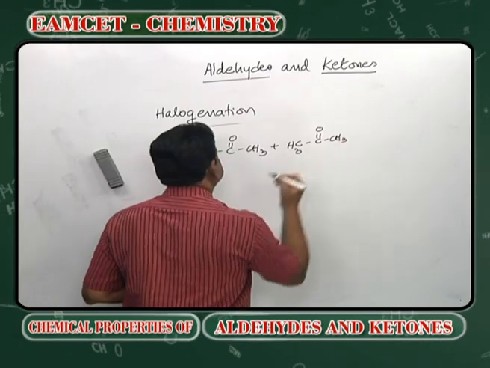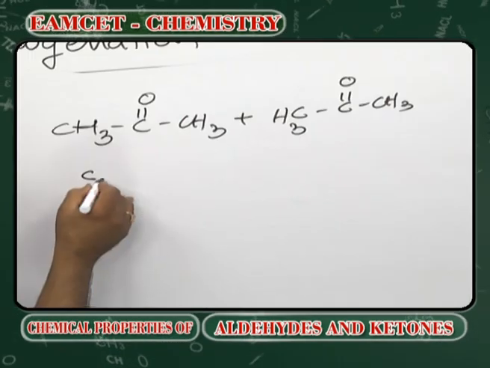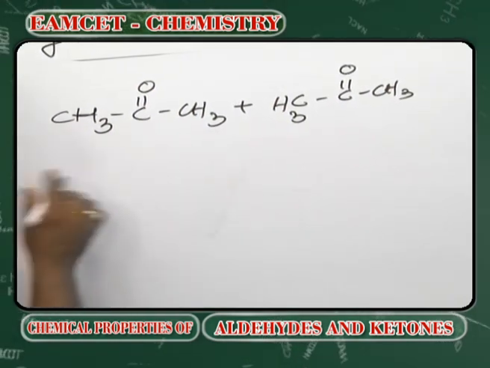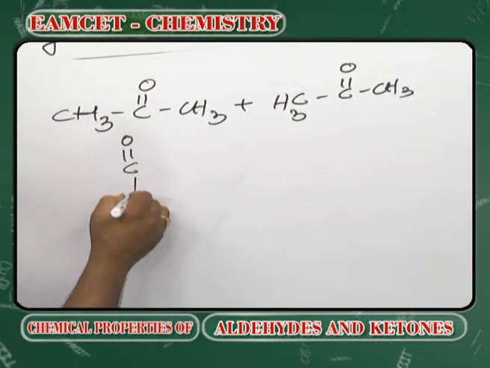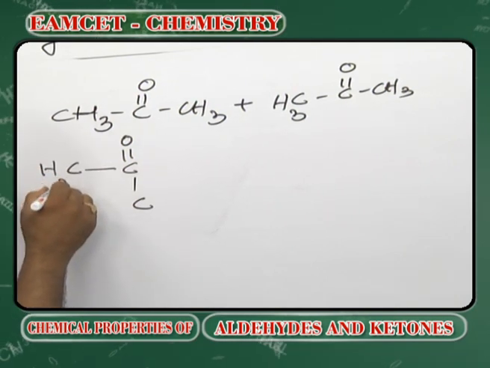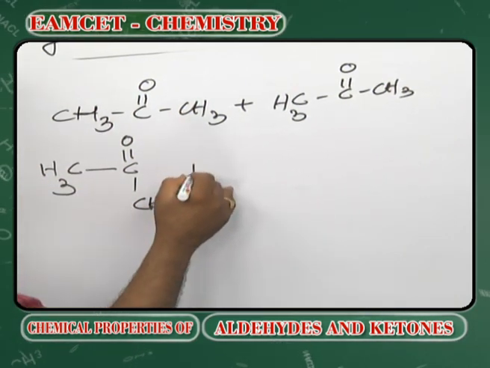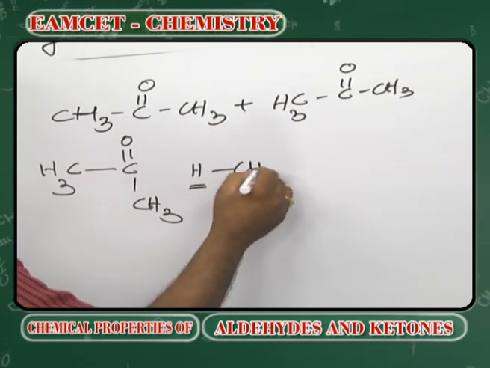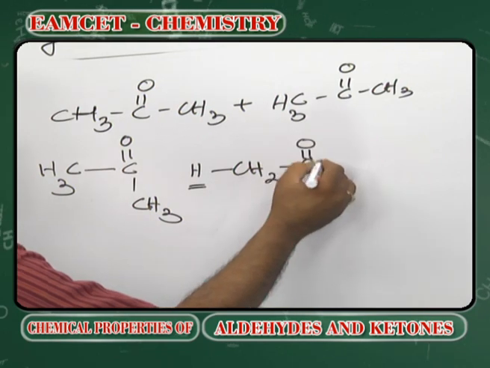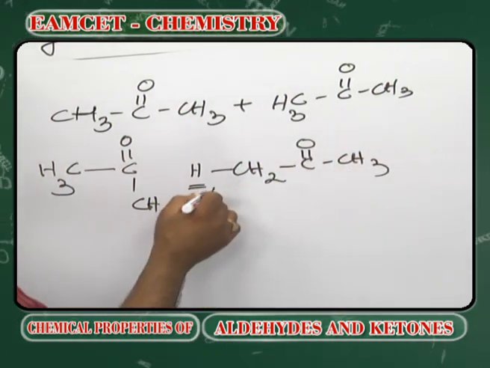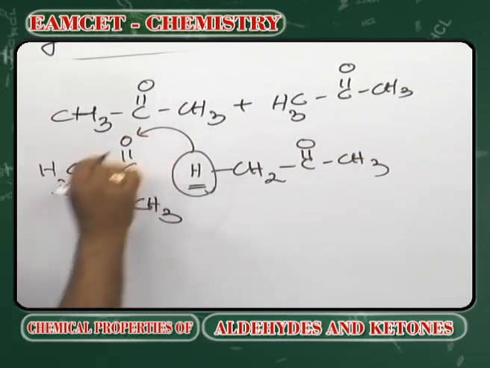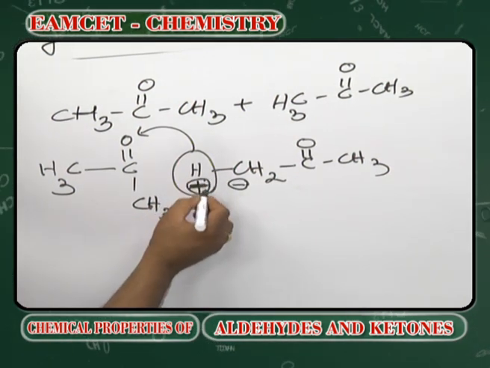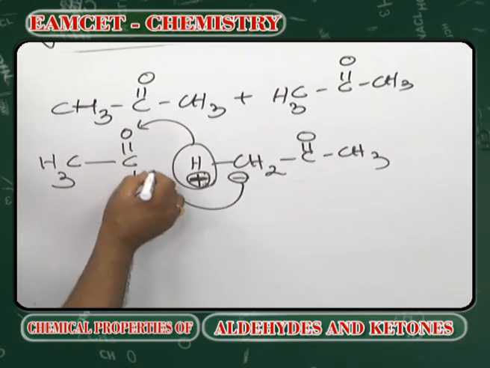But we have to understand, as I have shown, one acetone you write like this, and the second acetone you bifurcate, the alpha hydrogen separately and the rest of the acetone. So the addition becomes very easy, and identifying the answer will be very easy. The hydrogen is added here, the rest of the carbon is the plus-minus part, isn't it? The alpha hydrogen adds on the O, the minus part adds on the carbon.